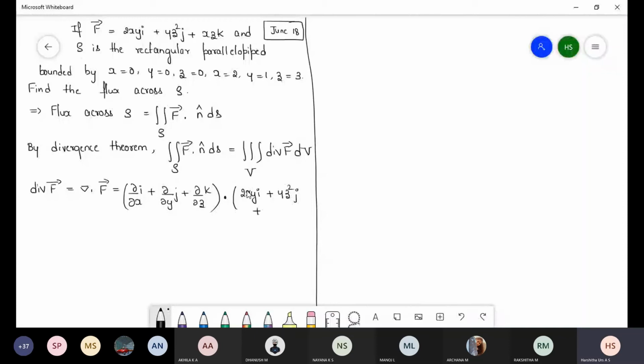Now dou by dou x of 2xy, dou by dou y of yz square, dou by dou z of xz. Now tell me the partial differentiation of all the three terms.